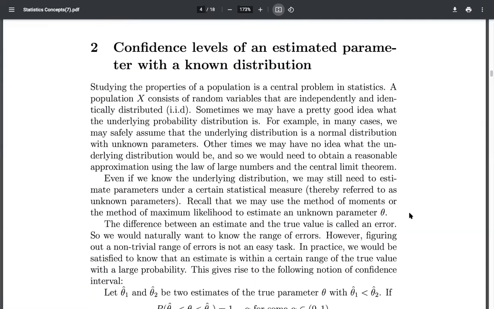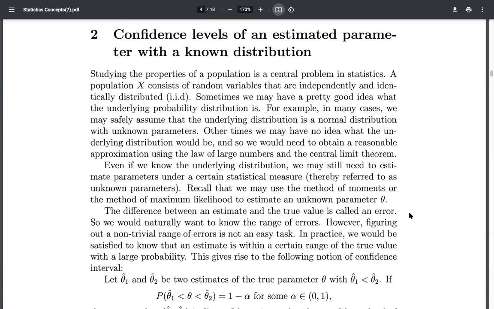So next, we're going to talk about confidence levels of an estimated parameter with a known distribution. If you see the title here, first of all, we have a known distribution, such as I know the underlying distribution is normal distribution, but it has two parameters that I don't know.